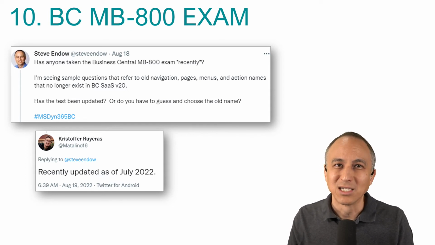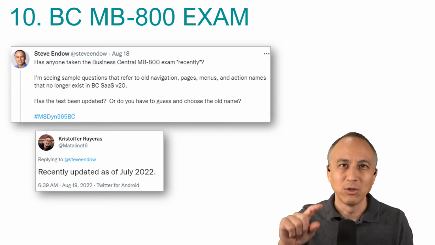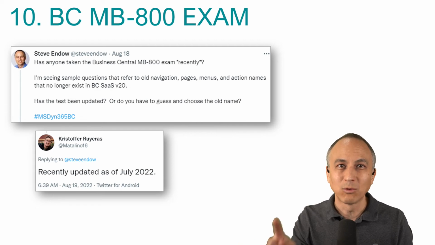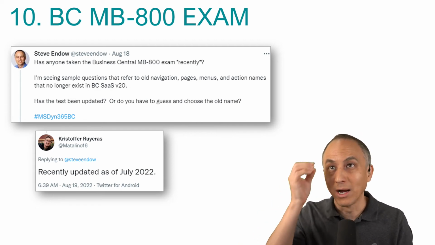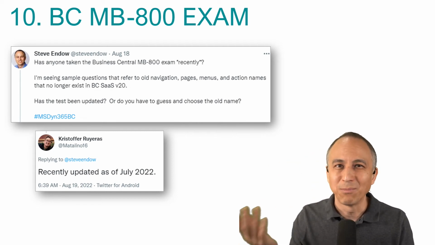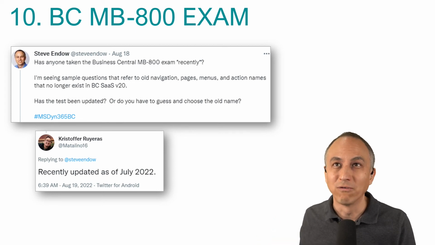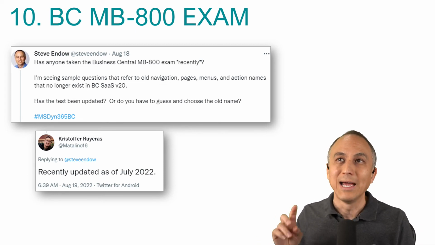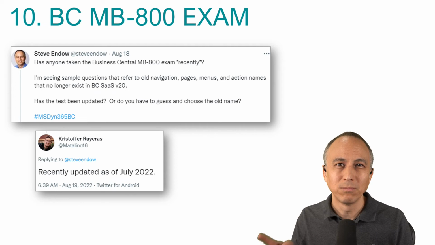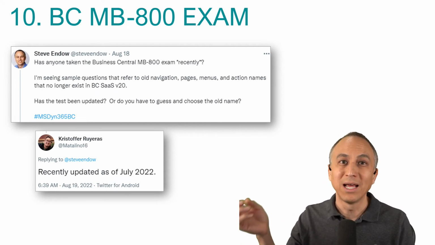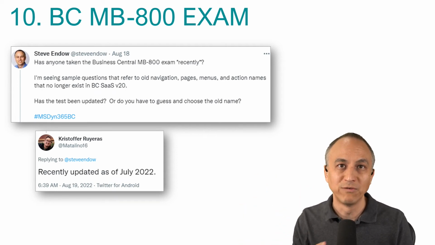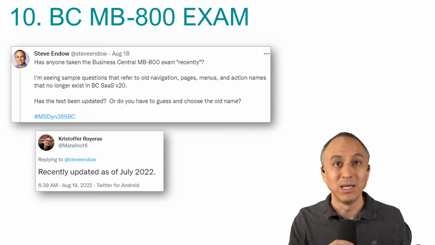Not my favorite test format because it's trying to trick you into knowing which button to click, which option wording is correct, but pretty typical kind of annoying question format in many respects. And the exam prep guides that we're using often have the older wording from an older version of BC. They have not been updated.